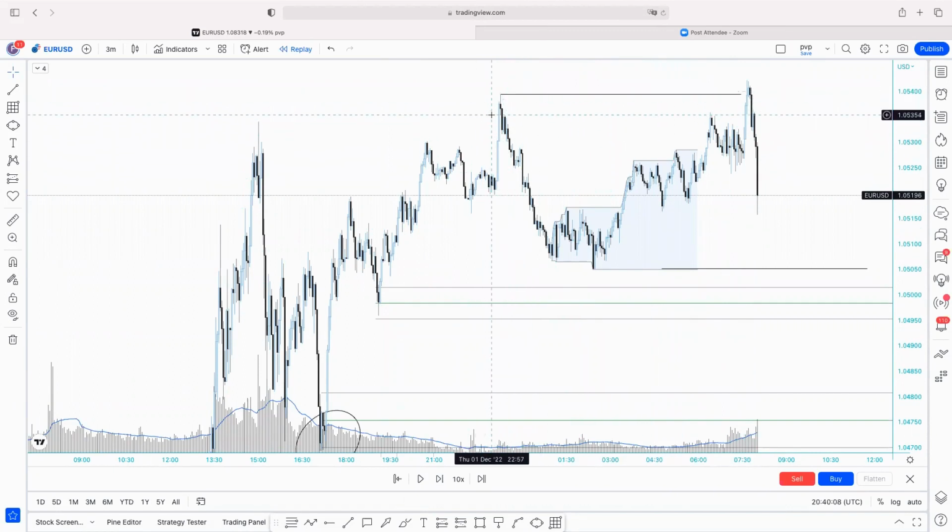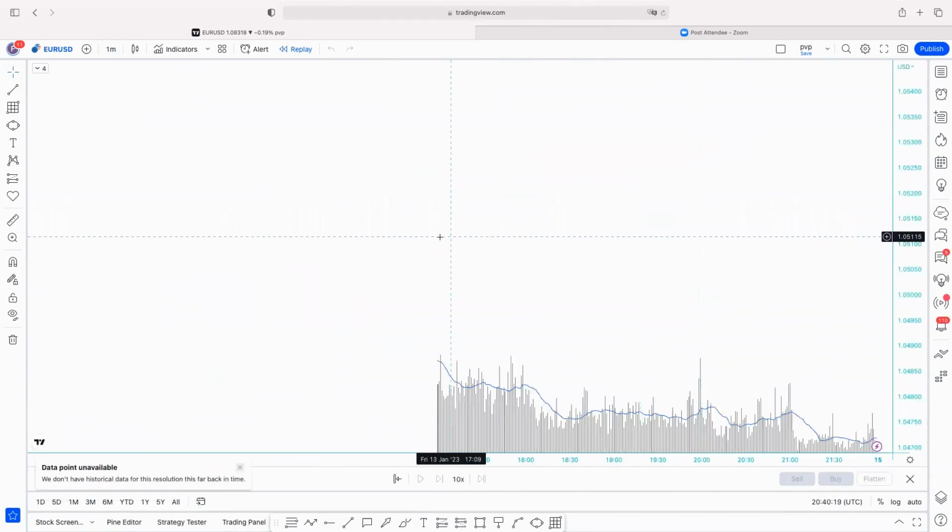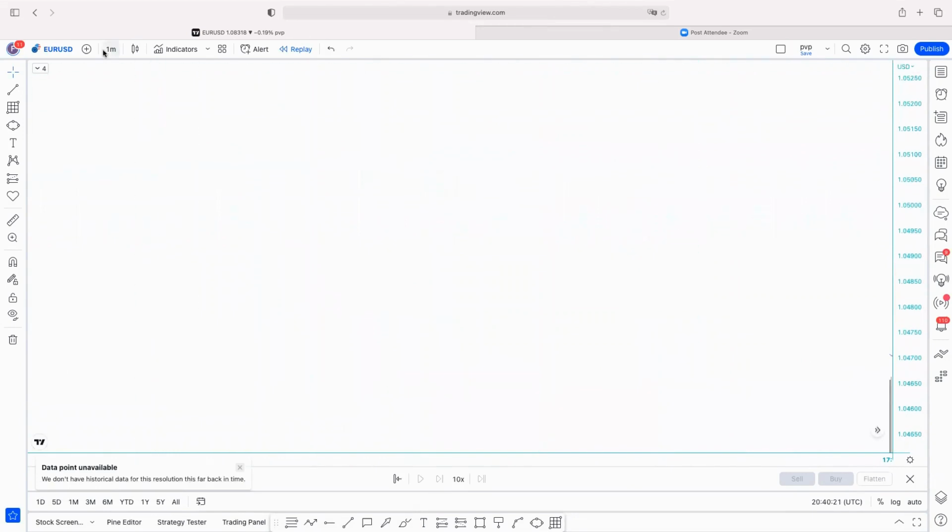This is the external range liquidity. We grabbed it, and right after, usually the price goes for the internal range. So if you take this confirmation, just because on the 1 minute, you see there is no data available.